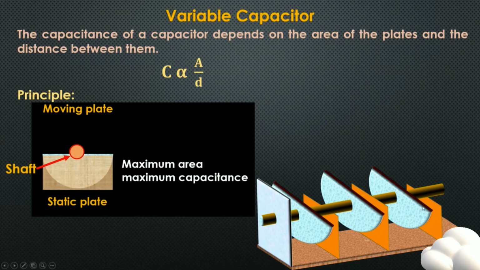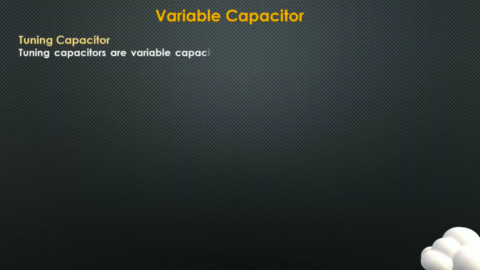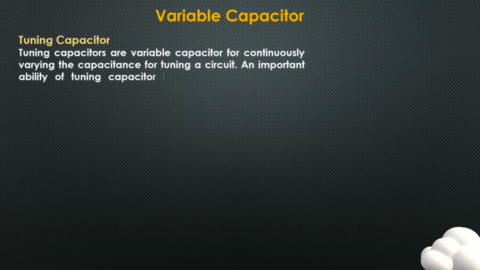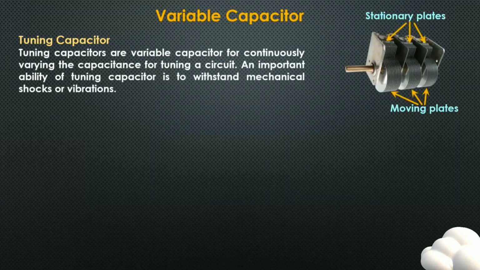So this is how a variable capacitor is designed, and it is very useful for tuning purposes, and therefore the first classification which we will try to understand under the variable capacitor is the tuning capacitor. Tuning capacitors are variable capacitors for continuously varying the capacitance for tuning a circuit.